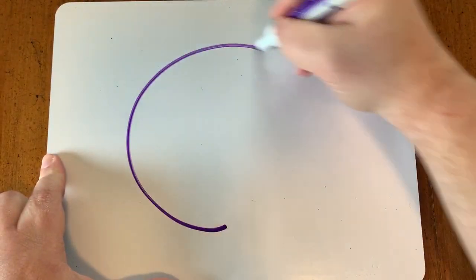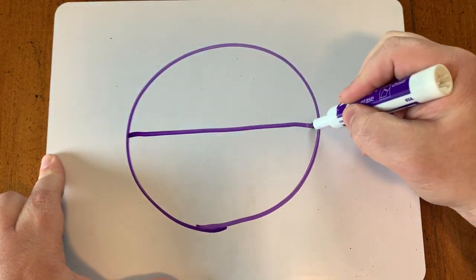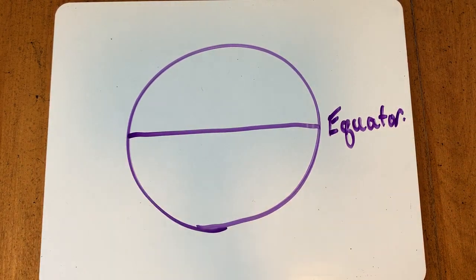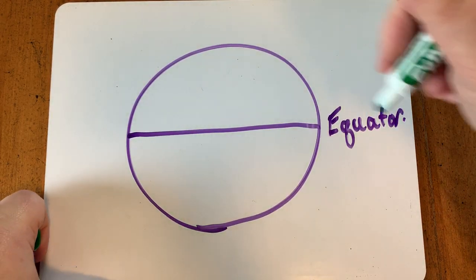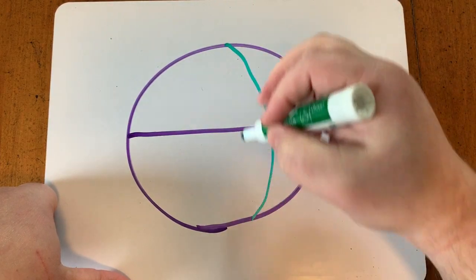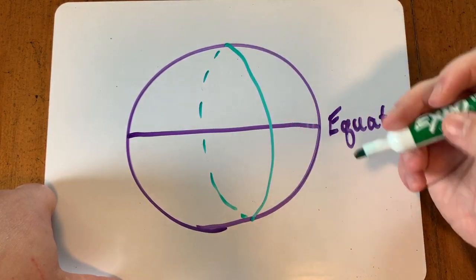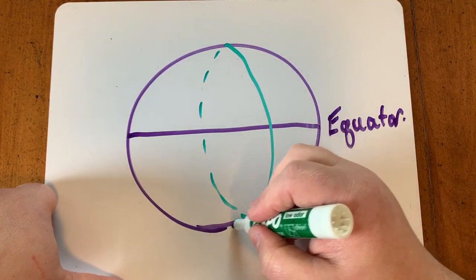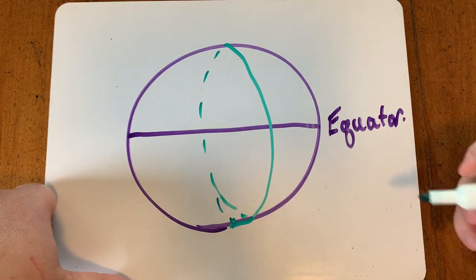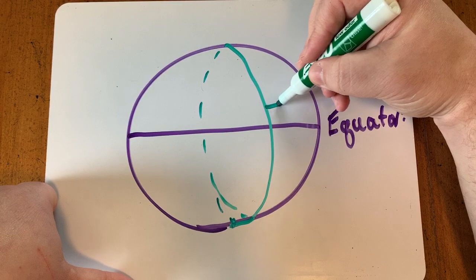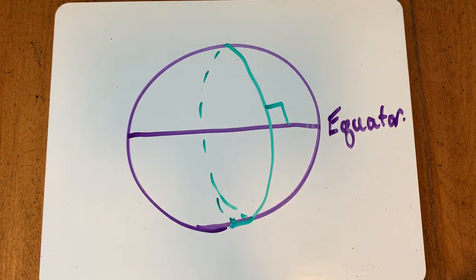If we look at our sphere, at our planet, if we have our equator, and then we have any longitude. Pretend that's a longitude and it passes through the bottom of the circle. These two great circles are actually perpendicular.